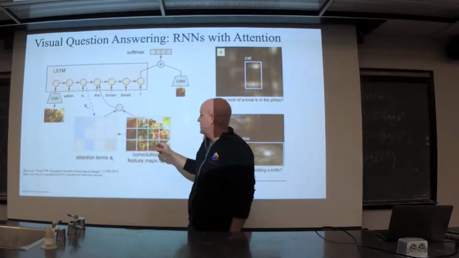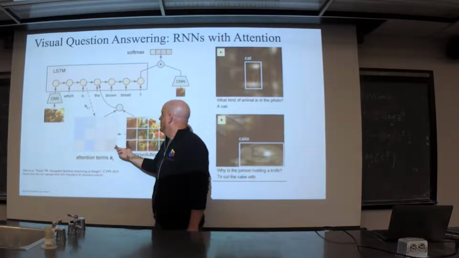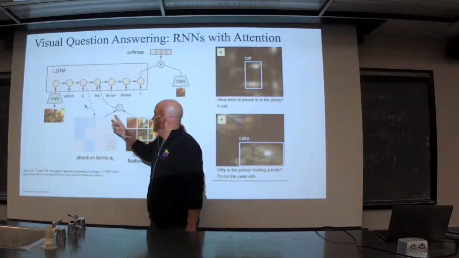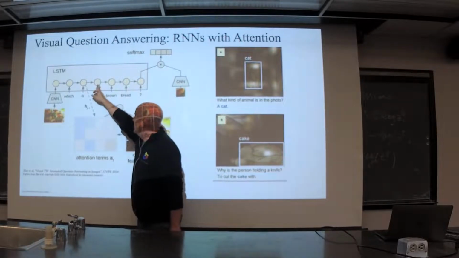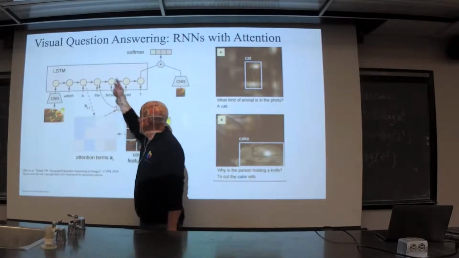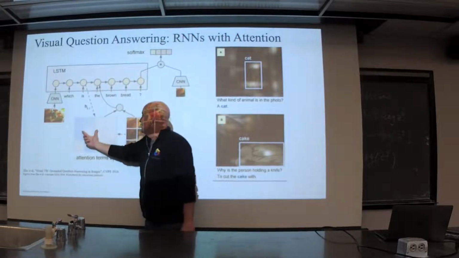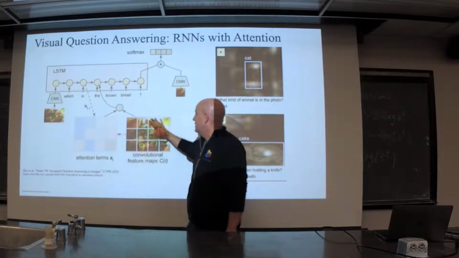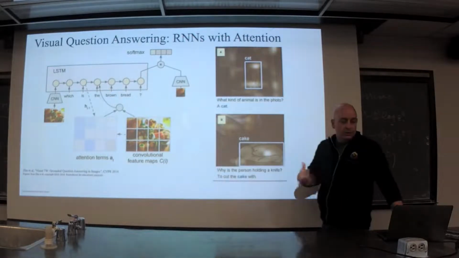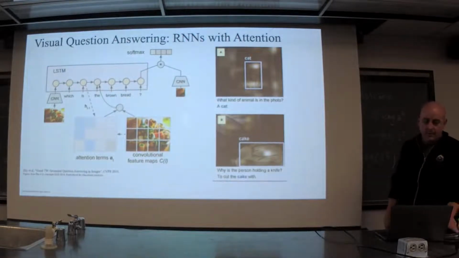The additional thing that we want to do is, when it's conditioning the production of the next word, to allow this to up or down weight parts of the image as a learned operation.